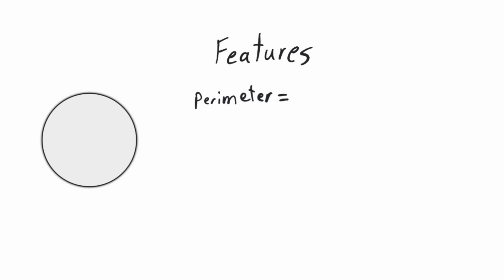Only now we're going to call it the circumference. And this is just our mathy word for saying it is the distance around the outside of our circle. But because it's round now, we want to really distinguish it different from other shapes.